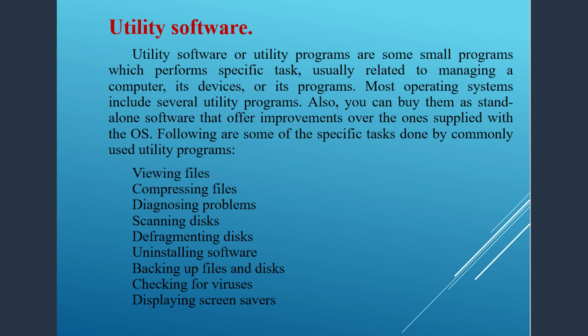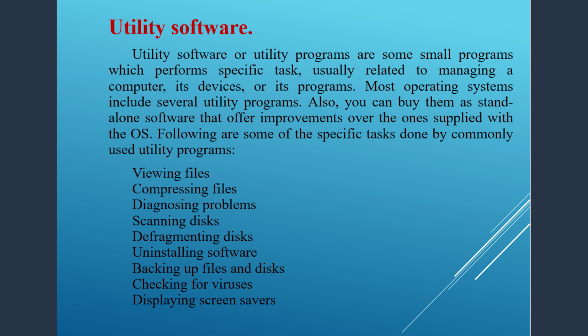Single-user operating systems: a type of operating system which allows only one user at a time. There can be single-user operating systems that are either single-user single-task or single-user multitask. The single-user single-task operating system has to deal with only one person at a time, running only one application at a time.